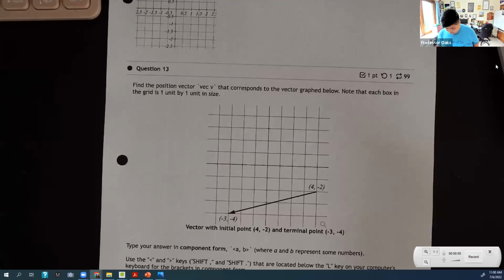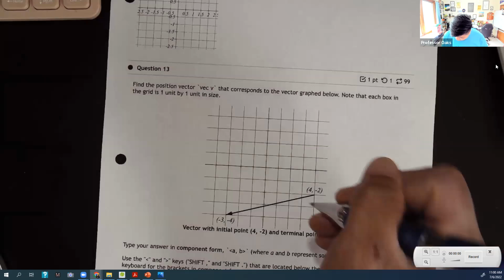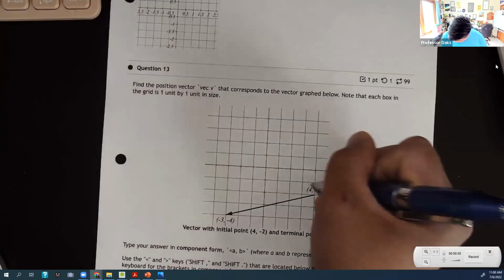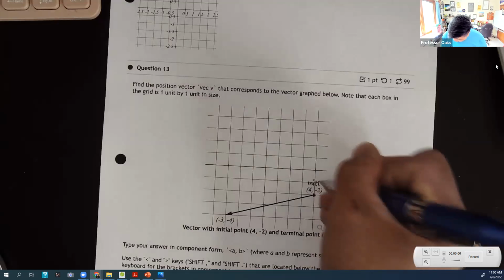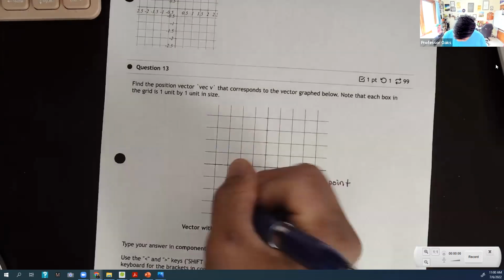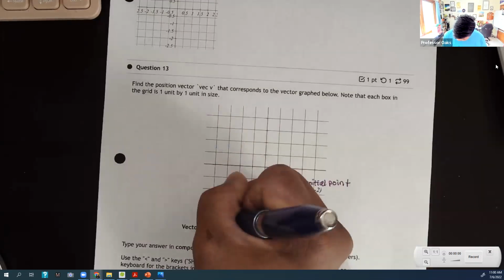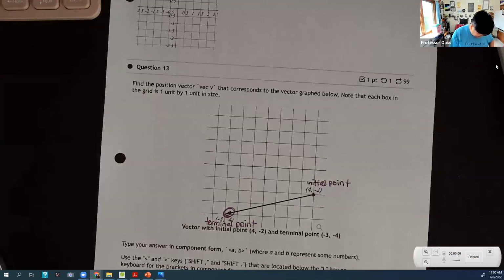The point where you're starting from is always called the initial point, and the point where you're ending, where the arrow is, is called the terminal point. This is more or less a formula you have to get used to.